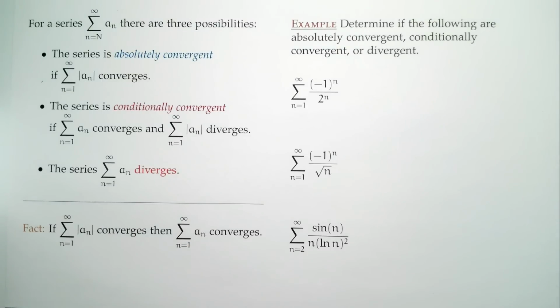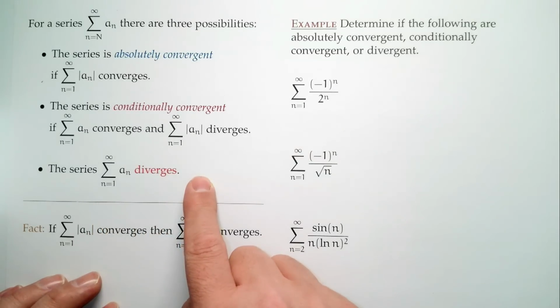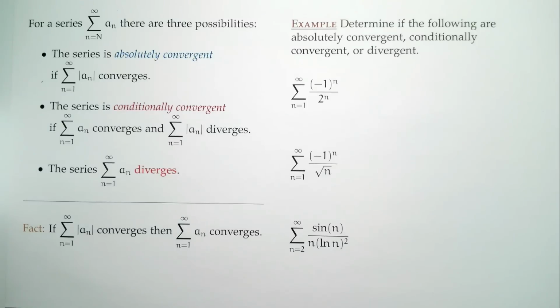So that's why when we came up here, we didn't say, well, maybe the terms diverge, but the absolute value of the terms converge. No, that can't happen. So it has to be the case that if the absolute value of the terms converge, then the sum without the absolute value converges.